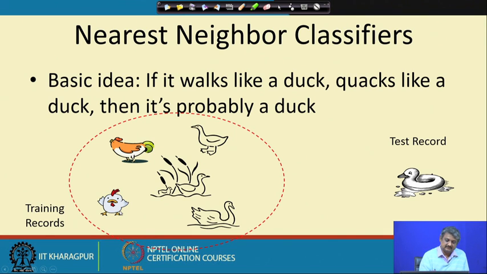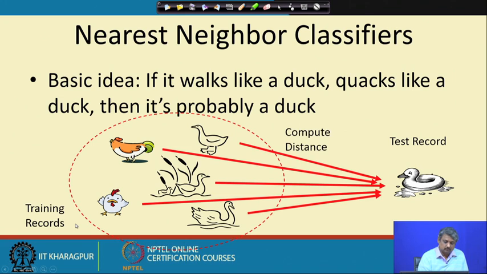This is a bird, this is a bird, these are my training records, and they are described by some attributes, say the nature of their feather, their tweets, their color and so on. And I have a new bird whose species I do not know.